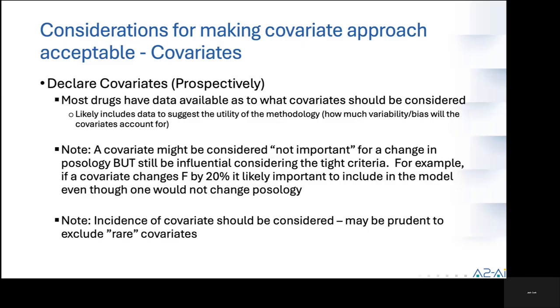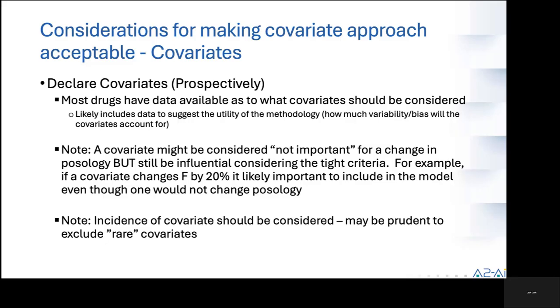I will note there are a couple of interesting things with that. While a covariate might not be considered important for a change in posology, it still may be influential considering our tight bioequivalence criteria.